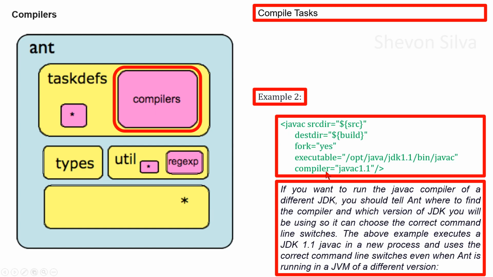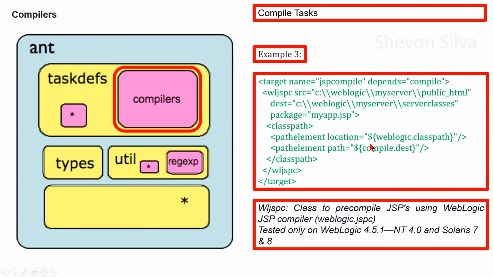As example 3, we can consider this. Here the WLJspc compiler class precompiles JSPs using the WebLogic JSP compiler, weblogic.jspc. This is tested only on WebLogic 4.5.1 and NT 4.0 and Solaris 7 and 8.